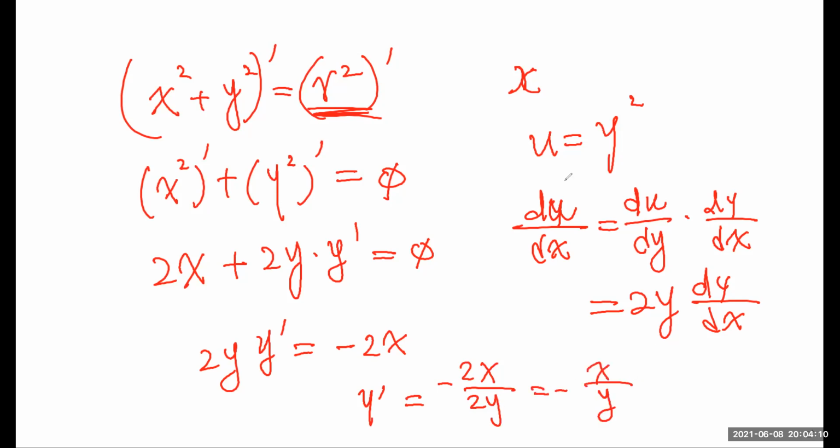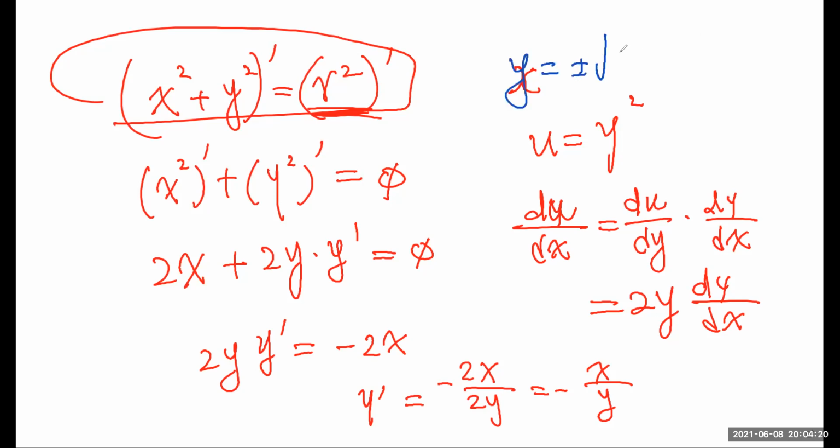So what is y then? Based on this, we already know y is plus minus square root of r squared minus x squared. So we got exactly the same answer, plus minus of that. But this way is a lot easier.